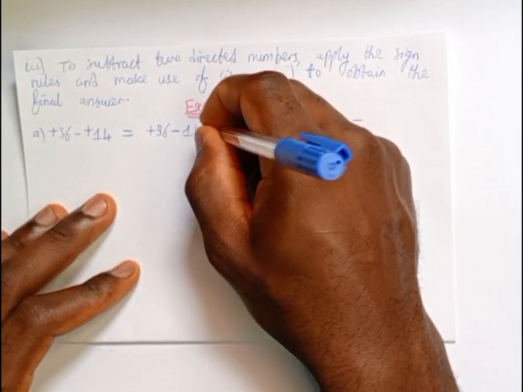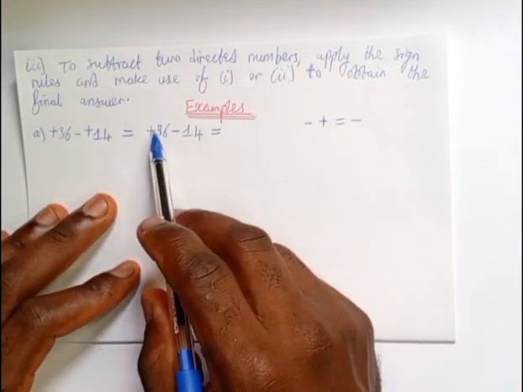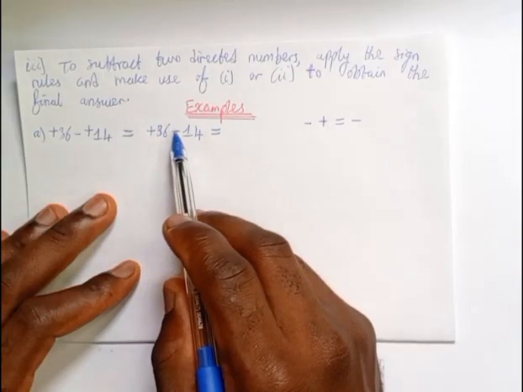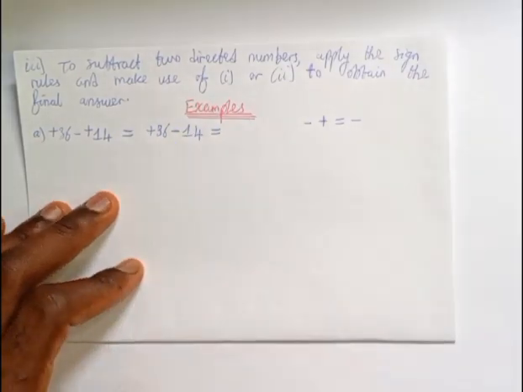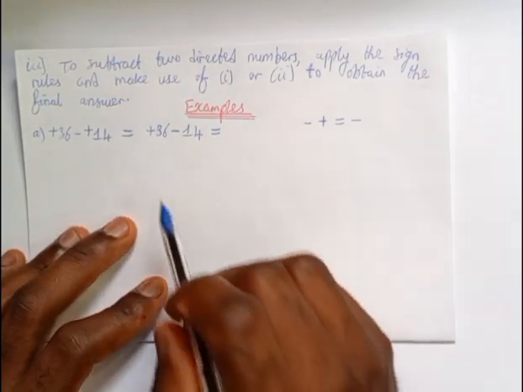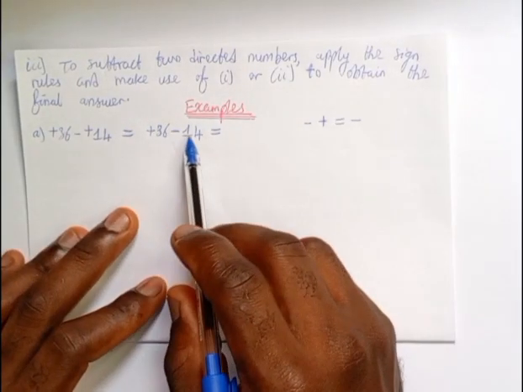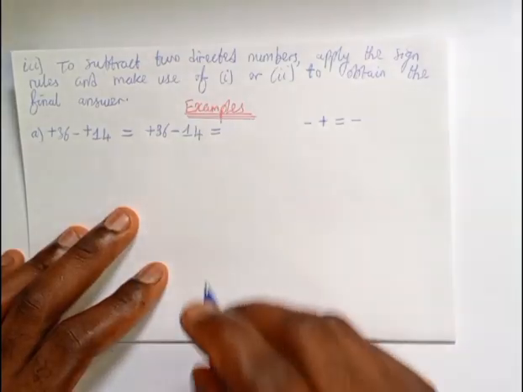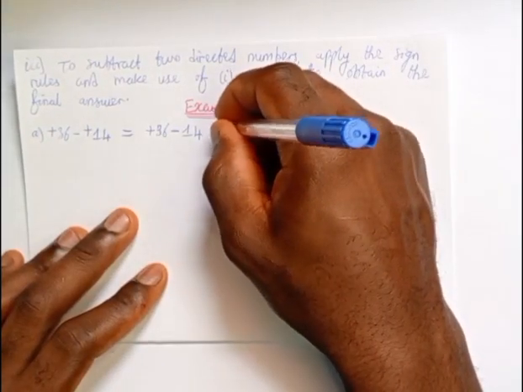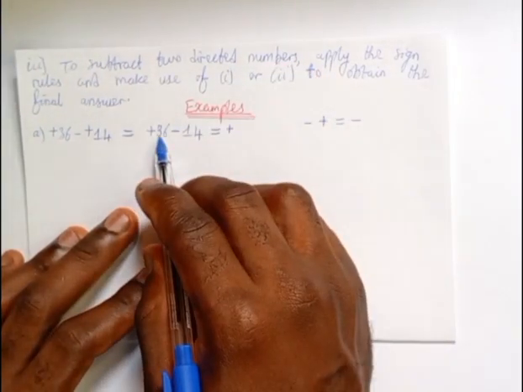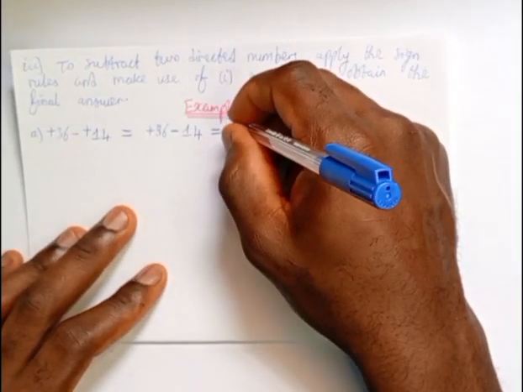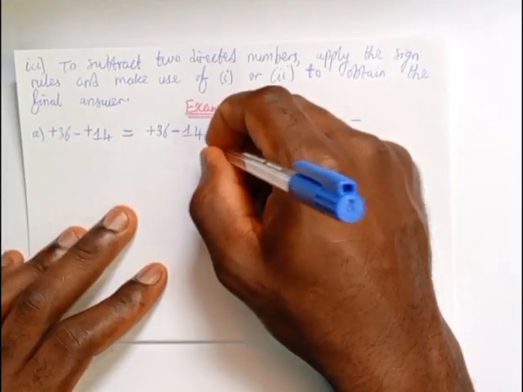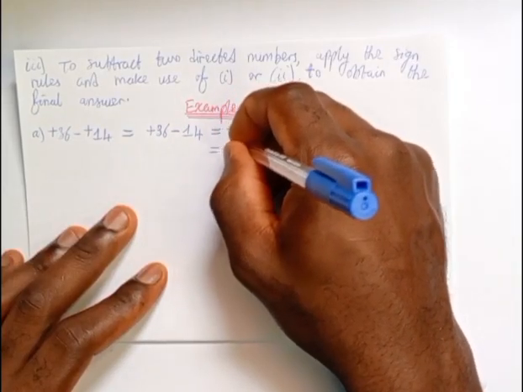This will simply be equal to, you'll see we have two numbers with different signs, positive 36 and negative 14. If you take the absolute values, 36 is greater than 14, so the result will carry the sign of the larger number, which is positive. 36 is positive, then we take their difference, 36 minus 14. This will simply be equal to positive 22.